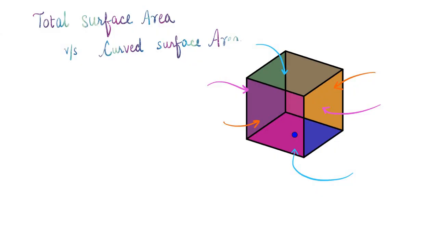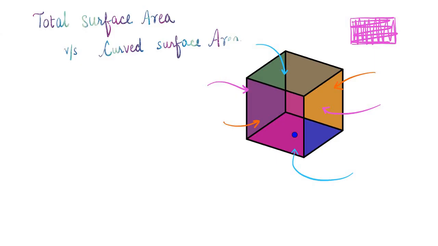Now, curved surface area, total surface area. First of all, as the name says, what do you mean by surface area? For that, we need to know what do you mean by area first. So, area means the portion inside the 2D shape.